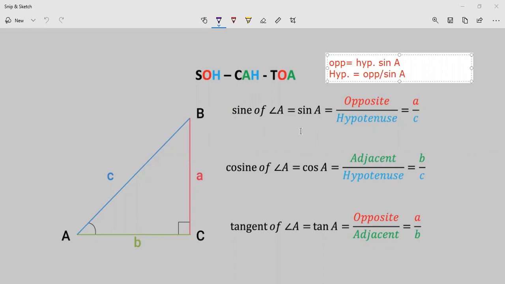So you don't need to know only 3 rules, you need to know all the 9 rules.